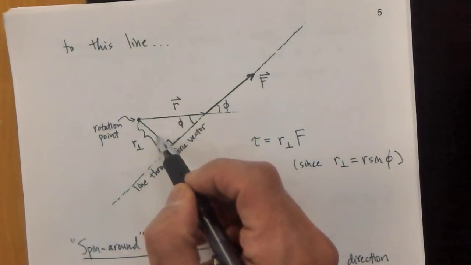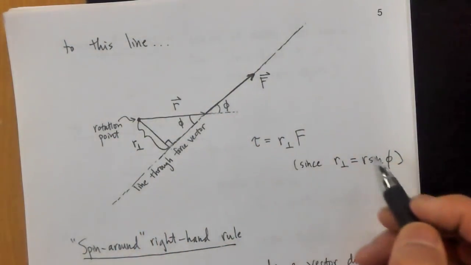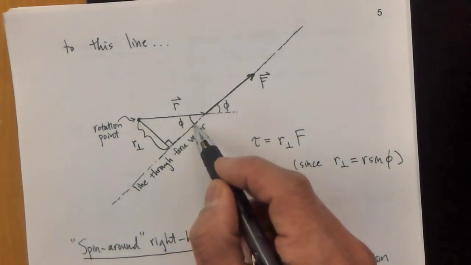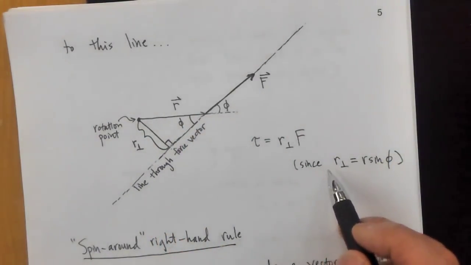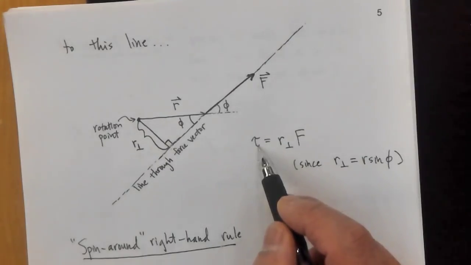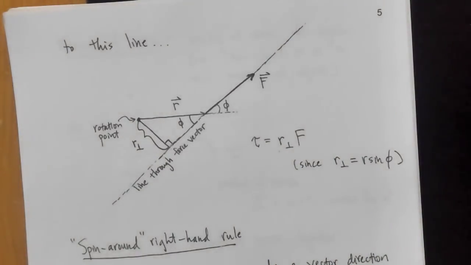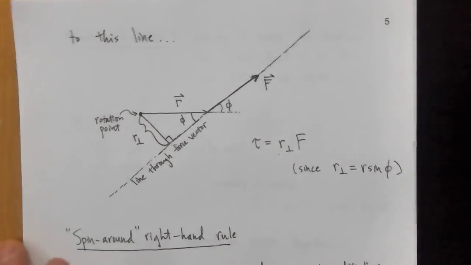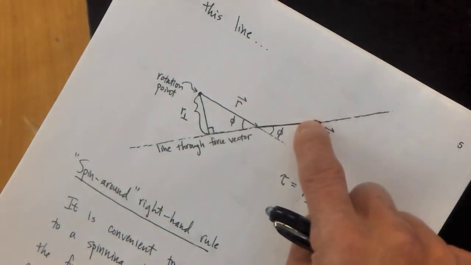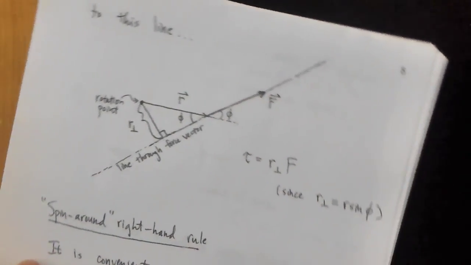That's what we call R perpendicular. R perpendicular is equal to R sine theta. And then I can just write the torque as R perpendicular times F. Now, this shortcut is usually very helpful when the force is either horizontal or vertical.